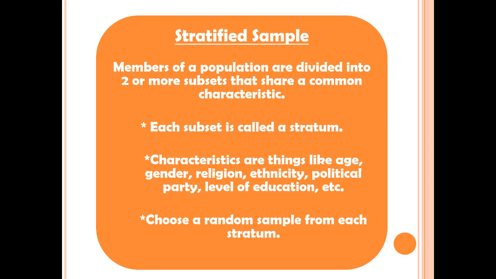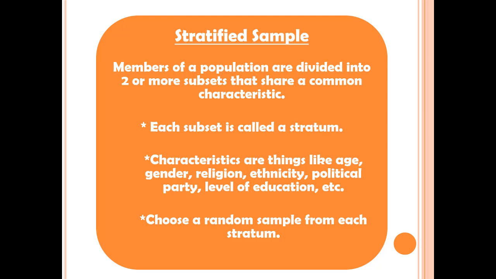So let's say you're taking a political survey and you want to know how people feel about a particular issue. Well, you don't want to just ask Republicans. You don't want to just ask Democrats. You don't want to just ask independents. So what you do is you break up your population along different party lines, and you make sure that you've got a sample from each one of those strata.